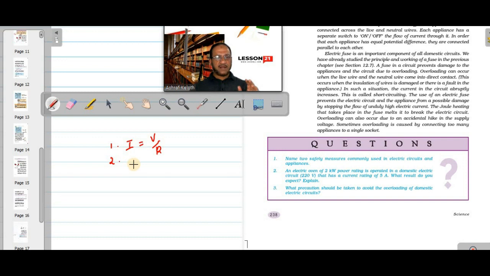So the total current flowing in the circuit should be less than the current rating of the circuit. In the second point you have to write, we should not connect too many appliances in the same line, same branch, so that the power exceeds the power rating of the circuit.